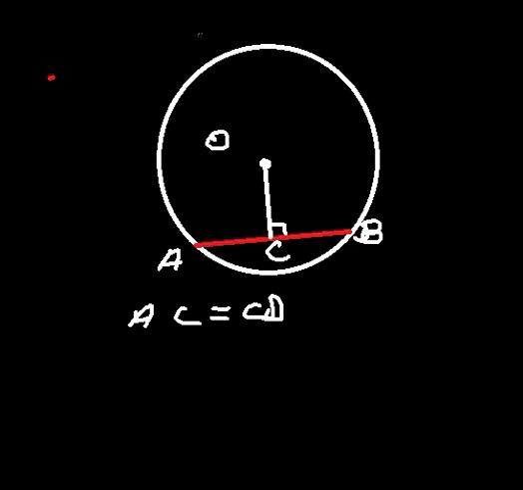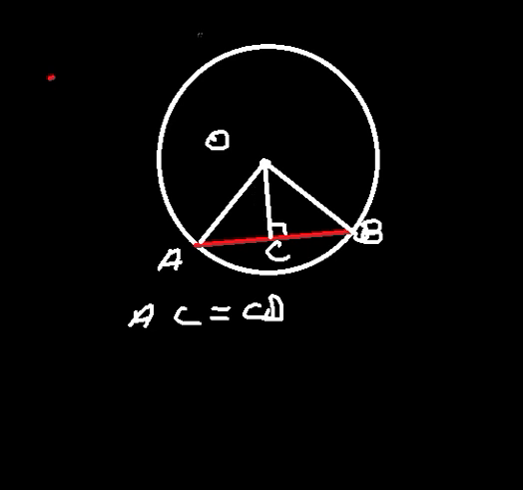You should understand that this is a radius of the circle, and this is also a radius of the circle. So you have the distance of the chord from the center of the circle, which is this distance.